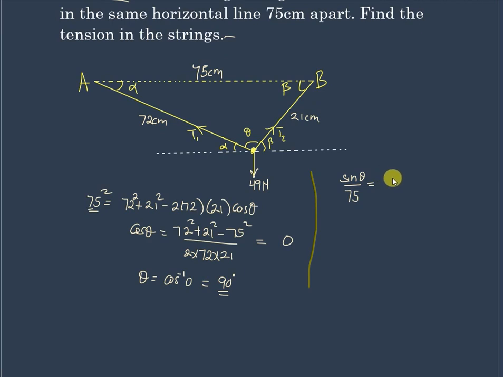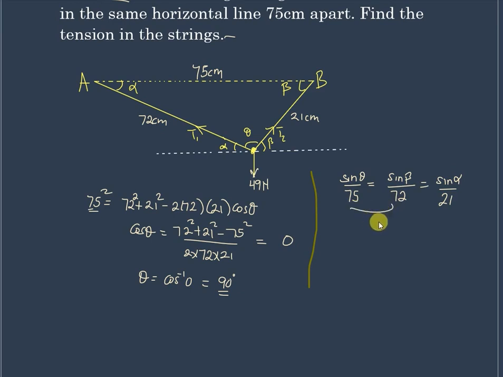Then it is equal to sine beta divided by the side which is 72, also equal to sine alpha divided by 21.